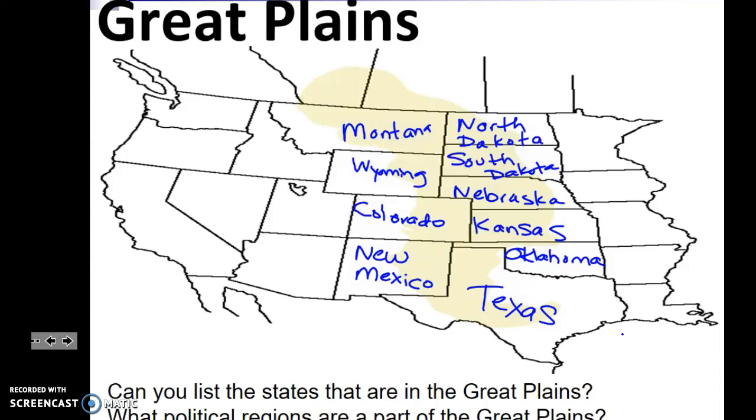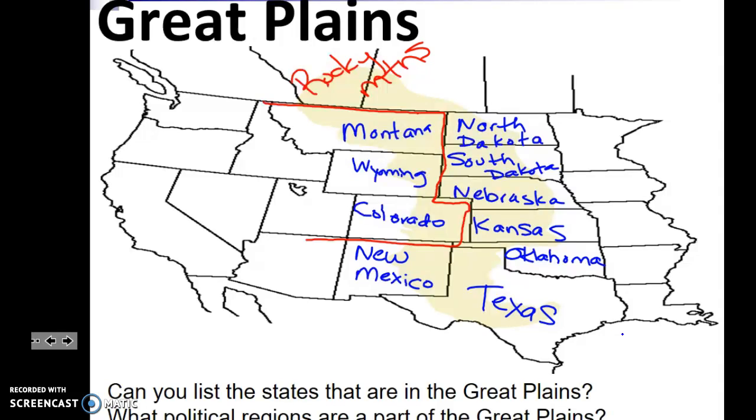This is a good review. So if you look at it carefully, I'm going to outline it in red. As we learned, Montana and Wyoming and Colorado on this side is the Rocky Mountain region. So some of the Rocky Mountain region has the Great Plains in it.